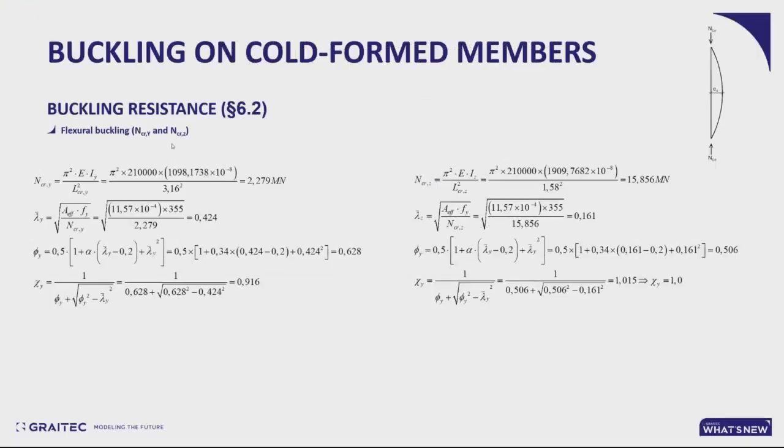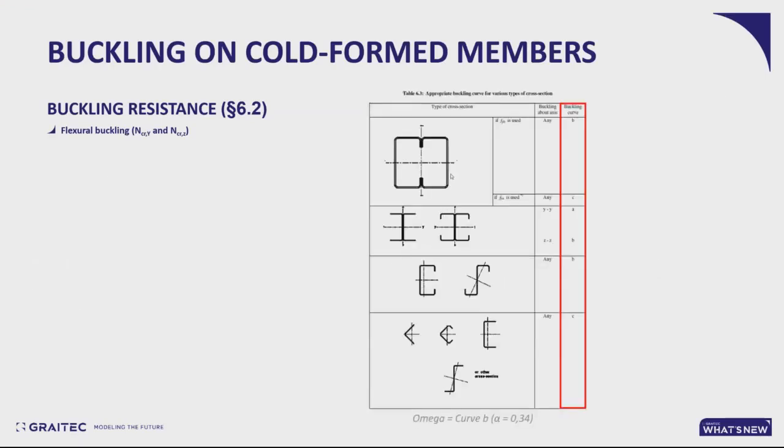So for the flexural buckling, you compute a critical force based on the critical length that we've defined. You get a relative slenderness and then a phi coefficient which depends on the buckling curve that will give you the value of the alpha parameter. And by the way, in the current version of Eurocode 3, you won't be able to find the omega section there.